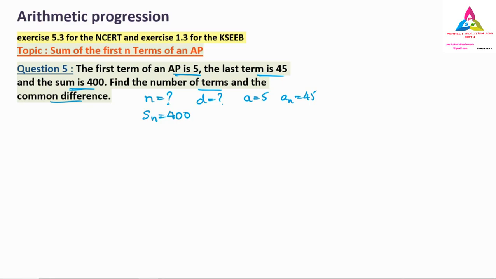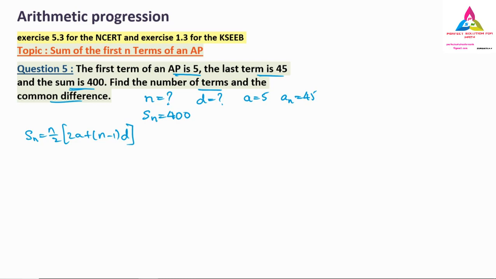Most importantly, which formula are you going to apply? That is most important. Here you may think that we can go with Sn is equal to n by 2 into 2a plus n minus 1 into d, but I am not advising you to use this formula.